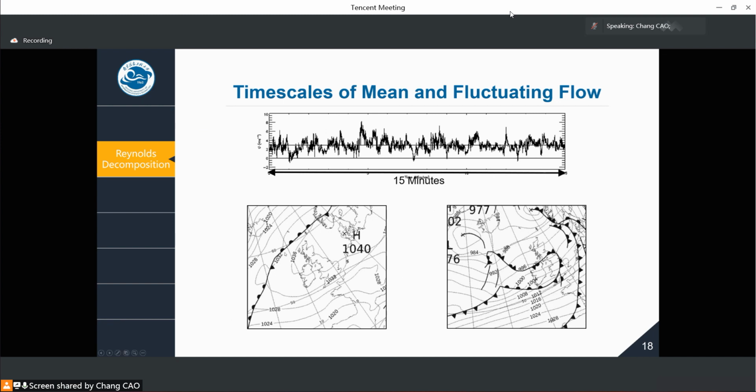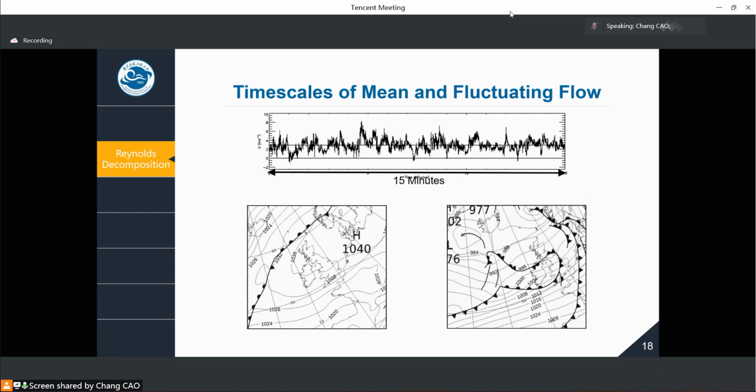And in the weather charts at the bottom, on the other hand, the time scale for the evolution of the winds, whose characteristics can be inferred from the isobars, is hours or even days.